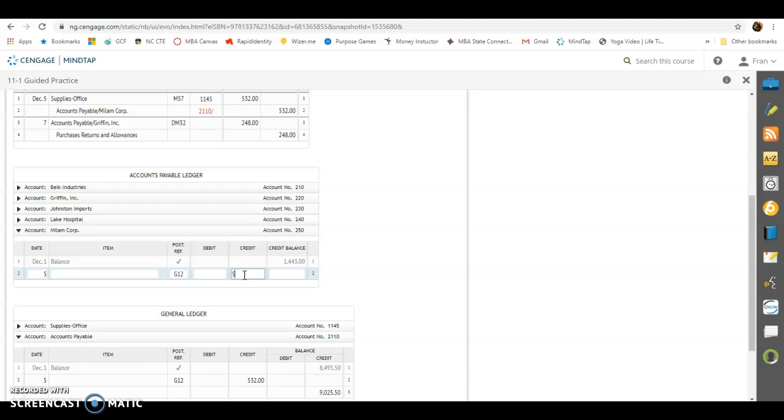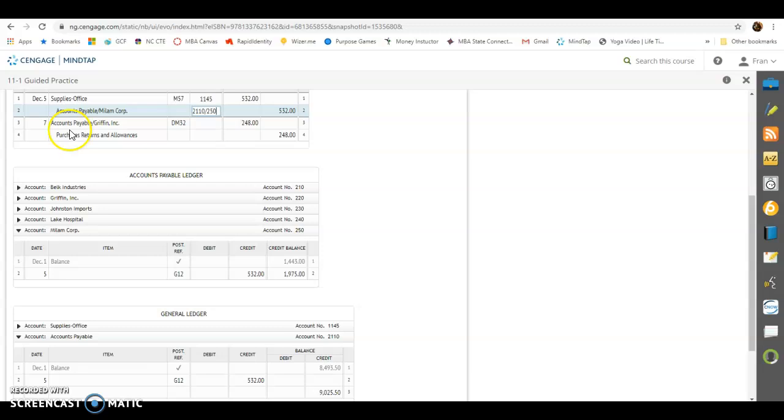Okay, so this was a credit for $532. It has a credit balance, which means we're going to add them together. The answer here is $1,975. This account number is 250. And so that's how you're going to post any of these that has the / in there. You have to have both of them accounted for.